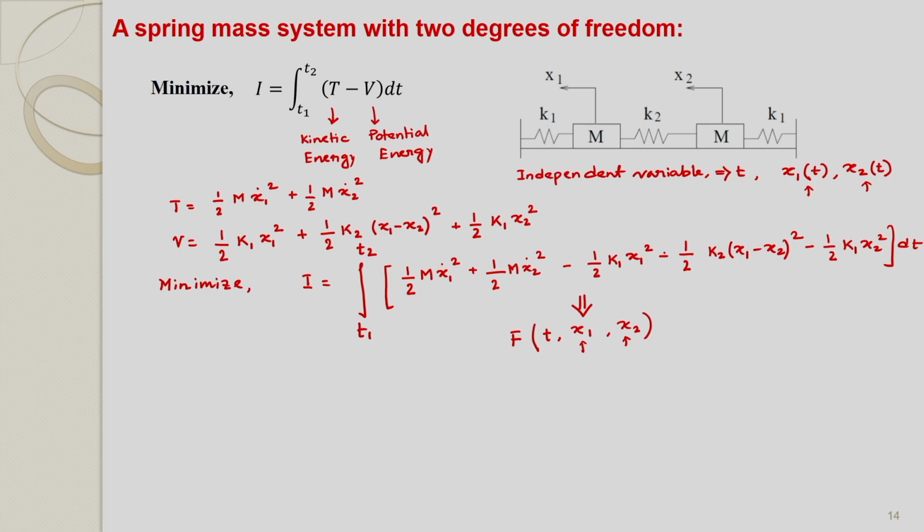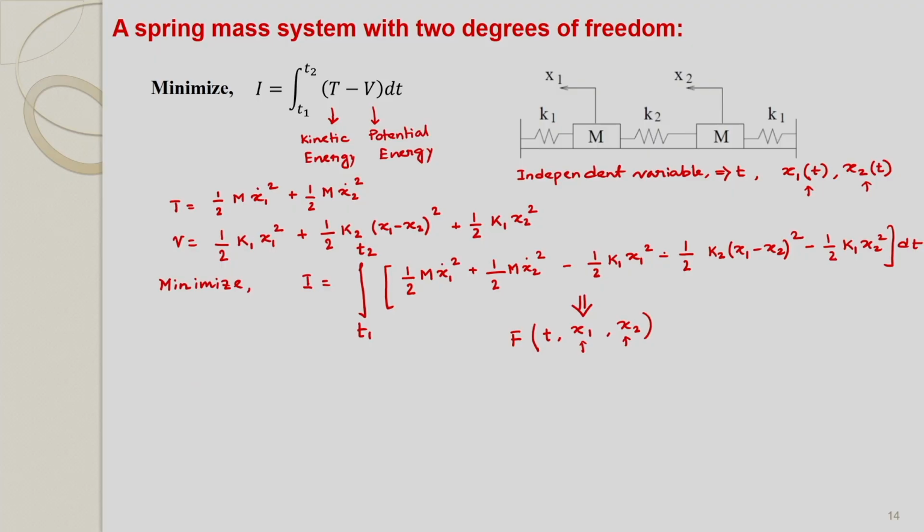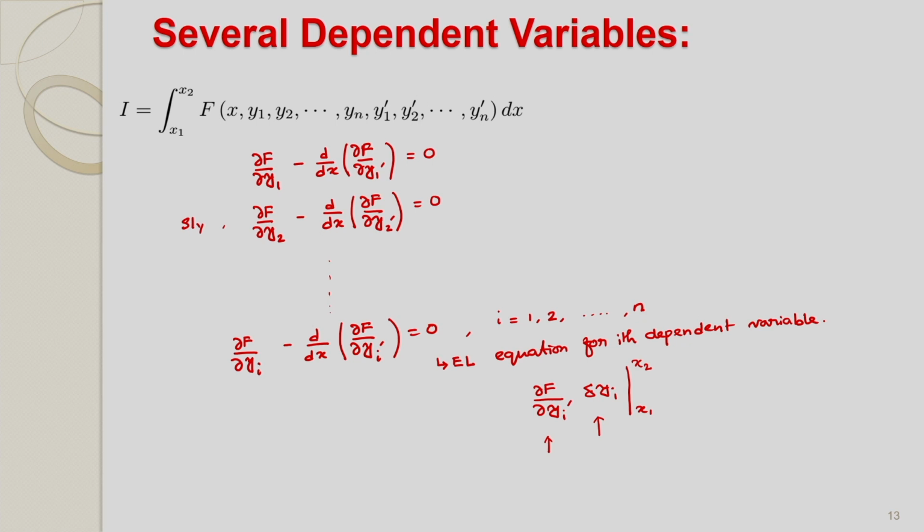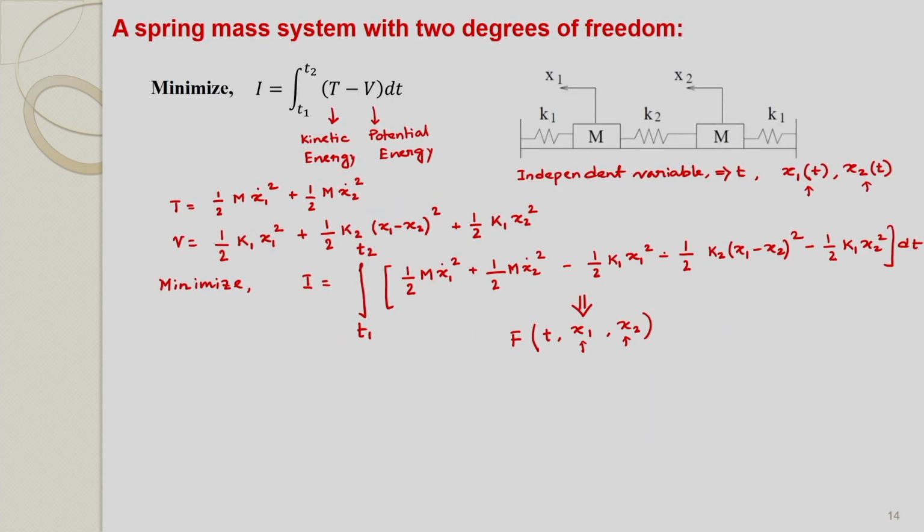So, we have to minimize a functional which is function of two dependent variable. If we see, so this is our Euler-Lagrange equation. So, for this problem we can write Euler-Lagrange equation for x1.